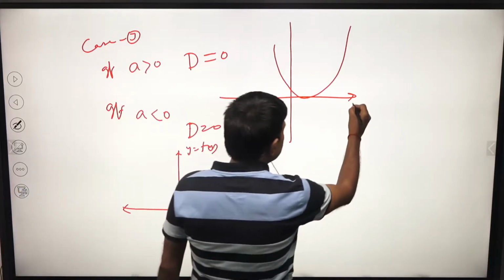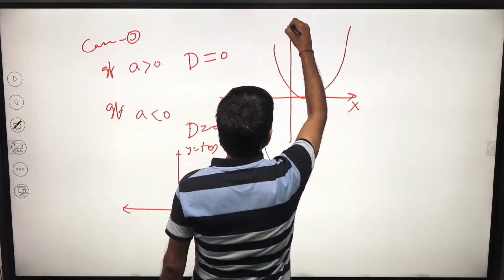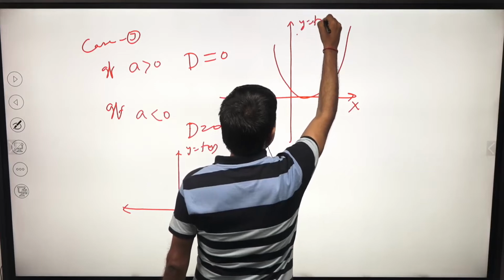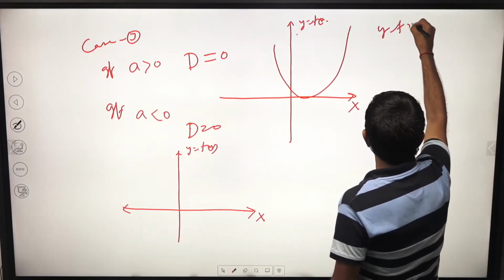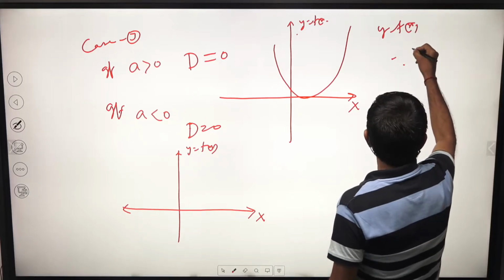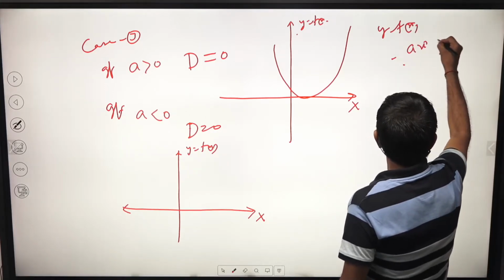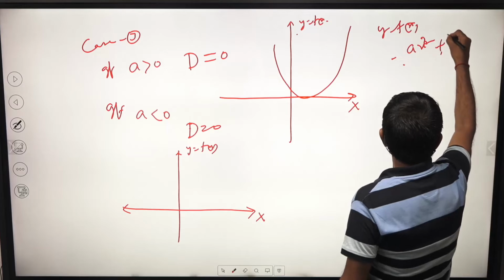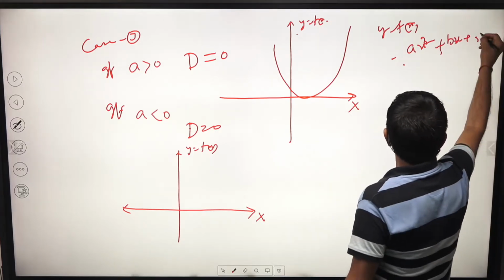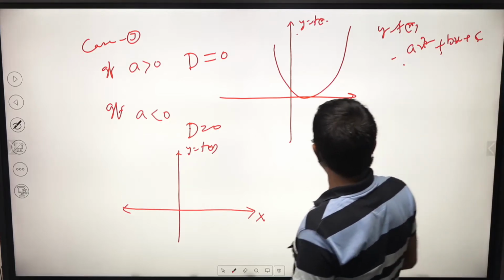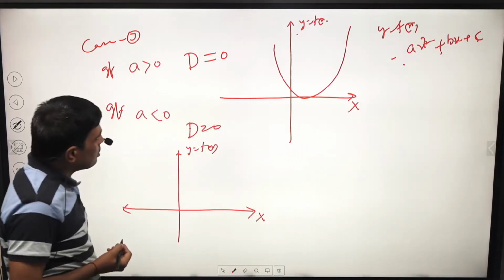Our standard quadratic expression is y equal to f of x equal to ax squared plus bx plus c.